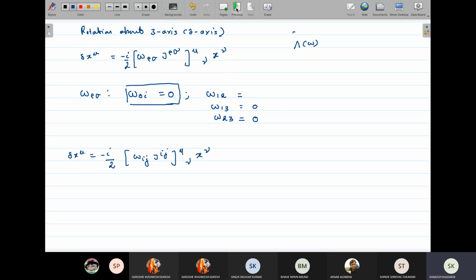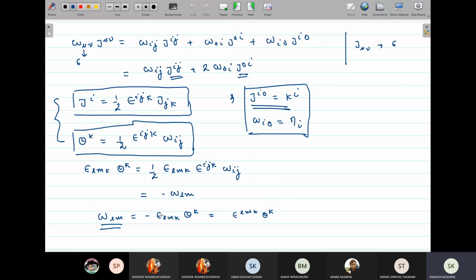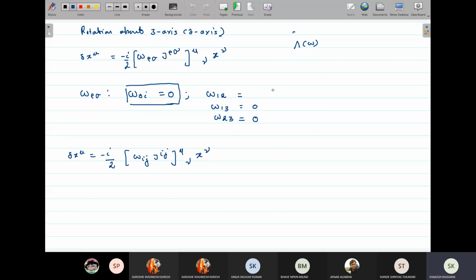Omega 1 2 has the form minus epsilon 1 2 3 theta 3.